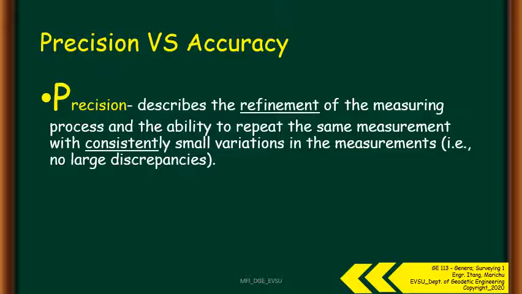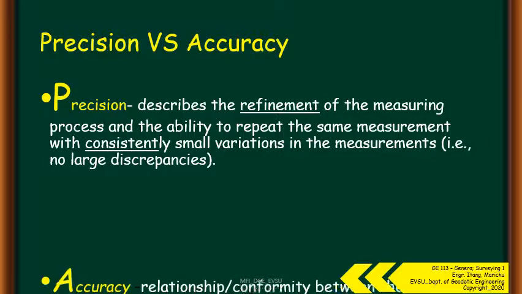Again, ability to repeat the same measurement with consistency, small variation in the measurement. That is precision. So, pag-repeat mo ng measurement, tapos with consistency pa yung mga measurement mo, maski hindi pa siya yung accurate na measurement, as long as consistent yung survey mo, that is precision, high precision.